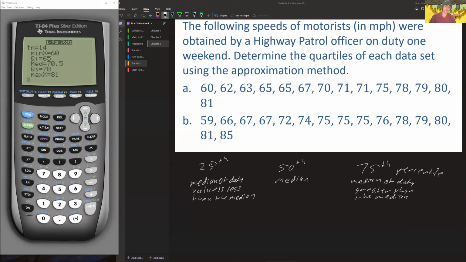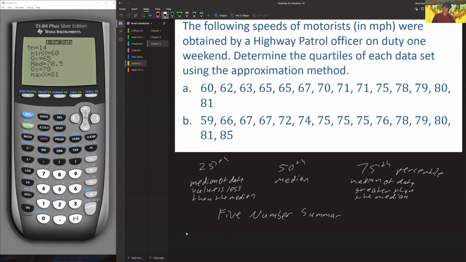When I put all of those together, this gives me what is called the 5-number summary. The 5-number summary is given to you by the min, the first quartile, the median, otherwise known as the second quartile, the third quartile, and the max.